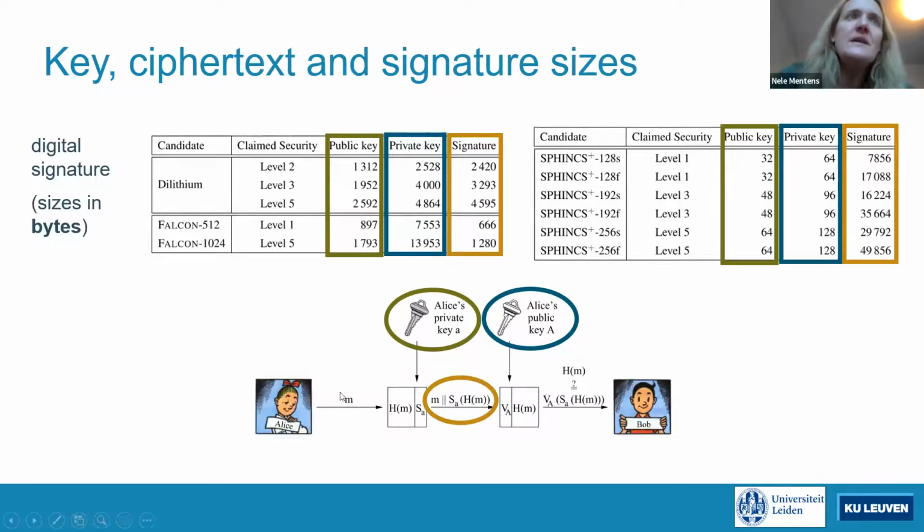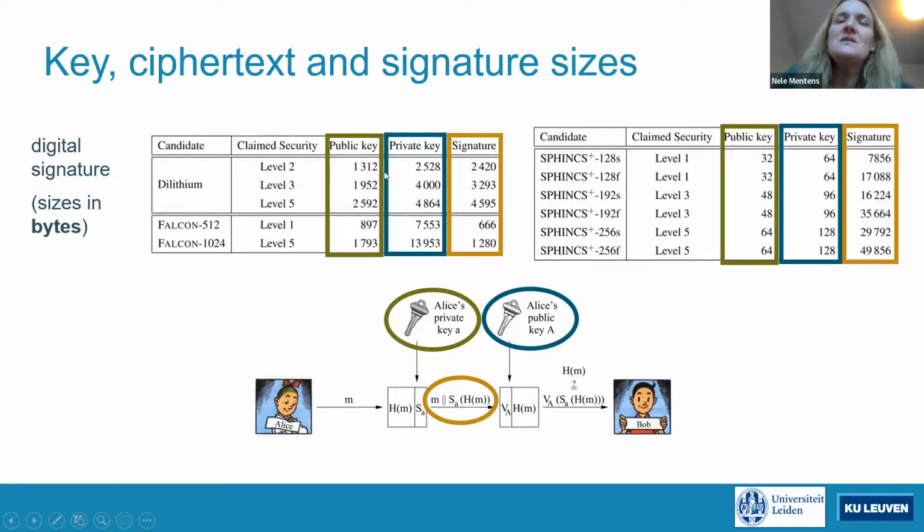Yeah, and then this slide is on digital signatures. So the second category, where we also look at the private key that is used to create the signature, the public key that is used to verify the signature, and then of course the digital signature size itself, because that needs to be transmitted over the communication channel. And then if you look at those algorithms that are still in the competition, then again, sizes are in bytes, and so much larger here than here.